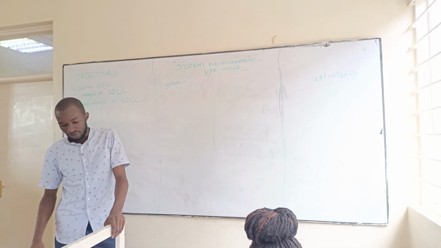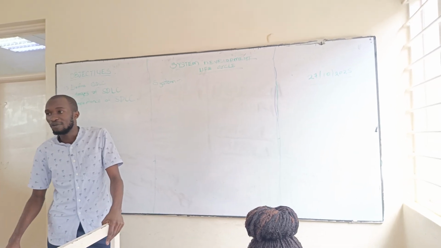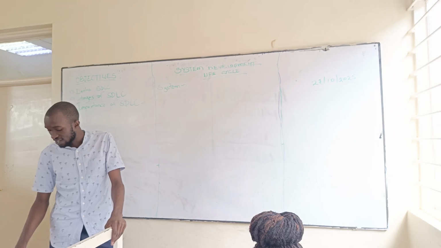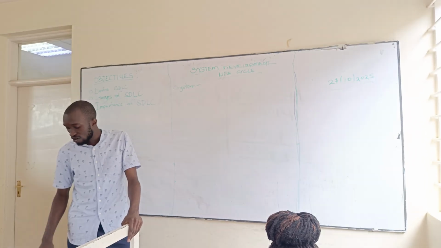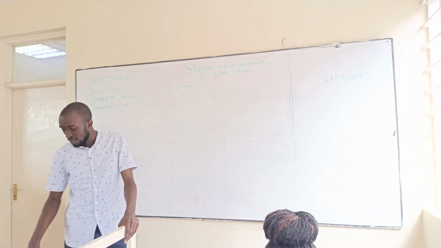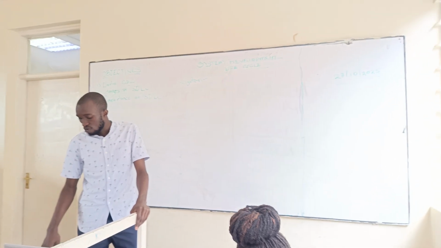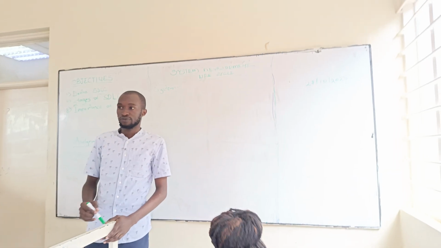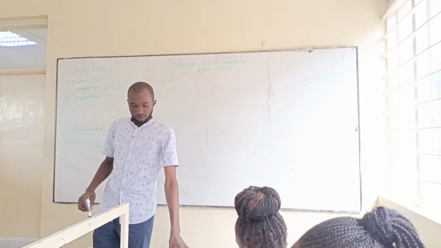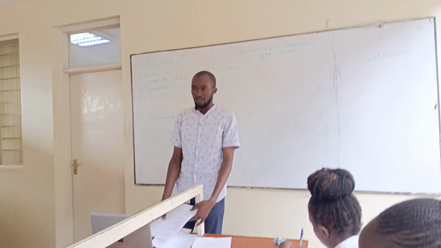As per the notes I gave you in the previous class, a system is a set of organizational components which interact in a given environment within a specific boundary.